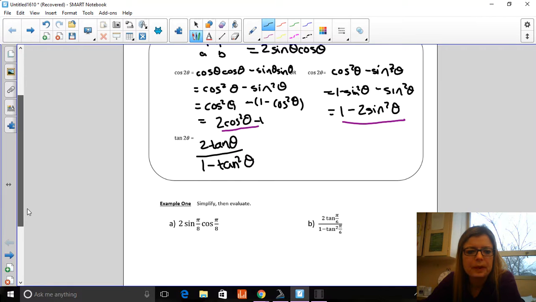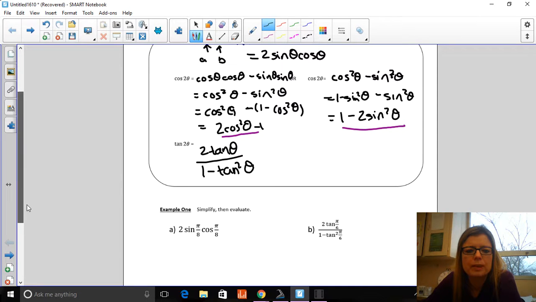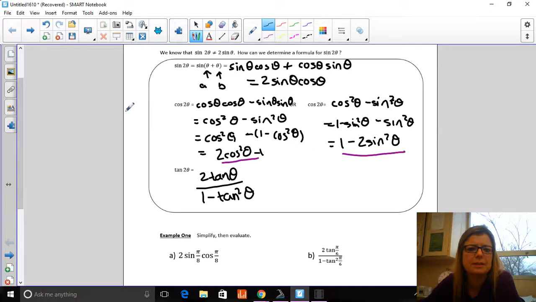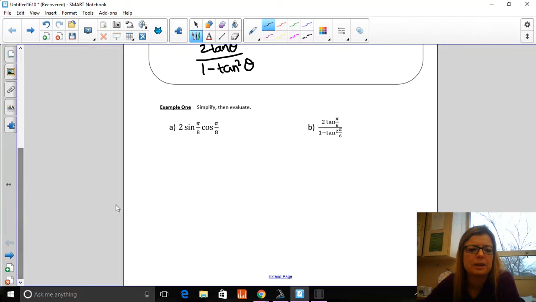So in this first example, we're given the right side of the equation and we turn it into the left side. So 2 sine pi over 8 cos pi over 8. So 2 sine cos, that is from the first one, sine 2 theta. So notice that theta is equal to pi over 8.